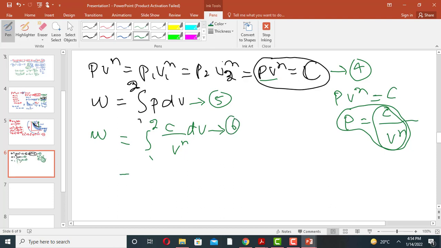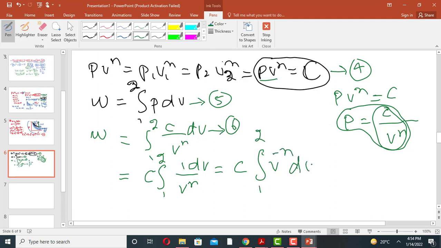Now C is constant, so it will come out of the integral, and we take the integral from point 1 to point number 2 of 1 divided by V^n into dV. Applying the integral, it is C into V^(-n) dV from point 1 to point number 2.